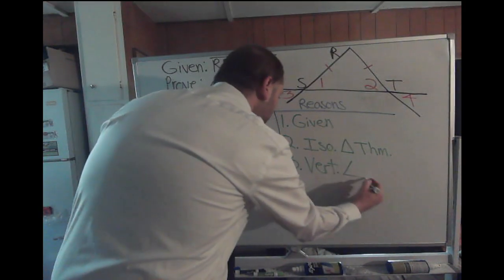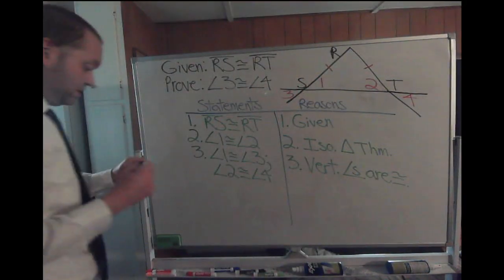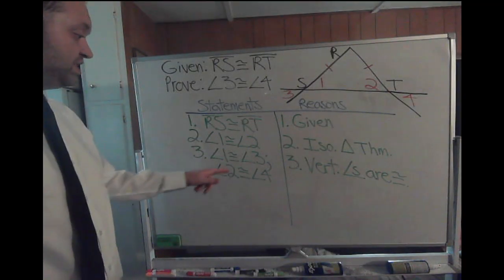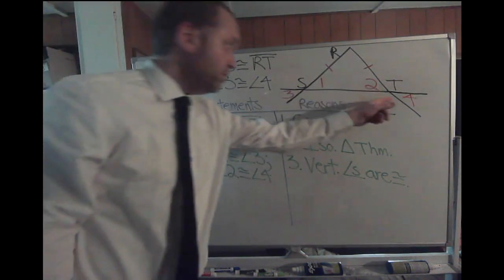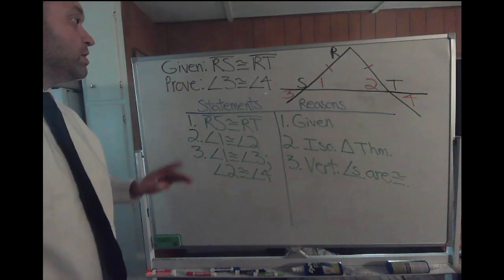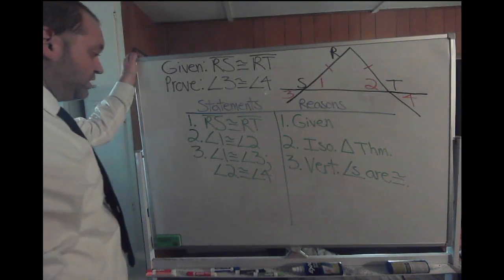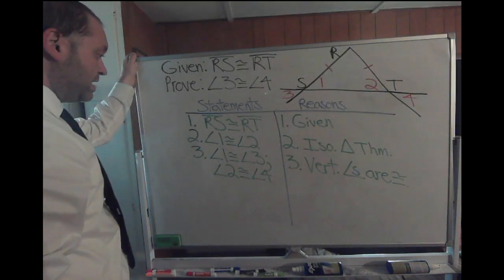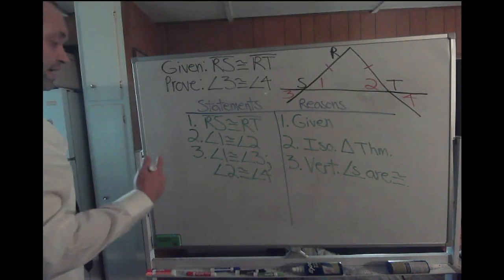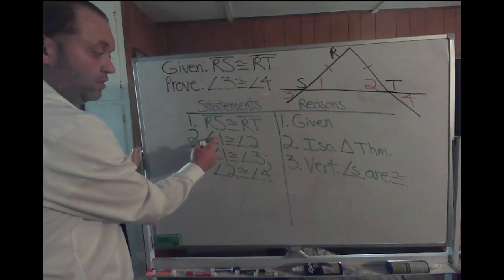So we're almost there. Okay, so we've just established 1 and 3 are congruent and 2 and 4 are congruent due to the fact that vertical angles are congruent. Okay, so what we can do now, in each of these, if angle 1's congruent to angle 3, we can put angle 3 in for angle 1, right?